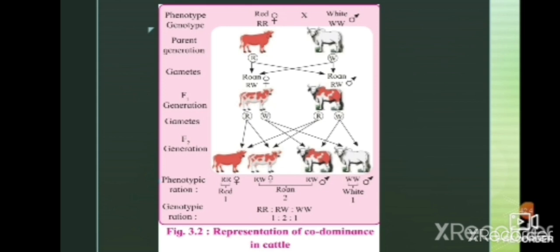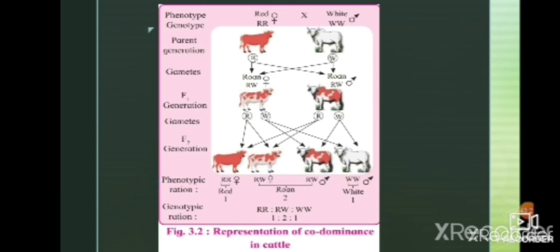Genotype is capital R in female, capital W in male. In the parent generation, the gametes are capital R, capital W, and in F1 generation, capital R, capital W is formed. It means roan color is formed there.